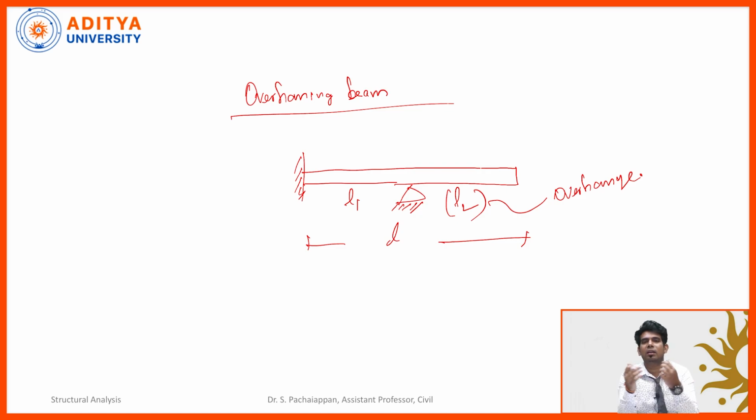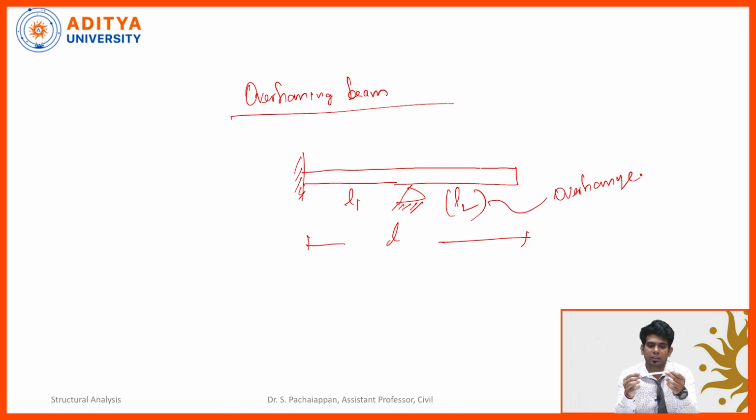Okay, so where is it used? In multi-story buildings, for architectural aspects, some of the floor is projected outside. In suspension bridges, two deck slabs will be there and the deck slab is projected outside. There we can see the overhanging portions.